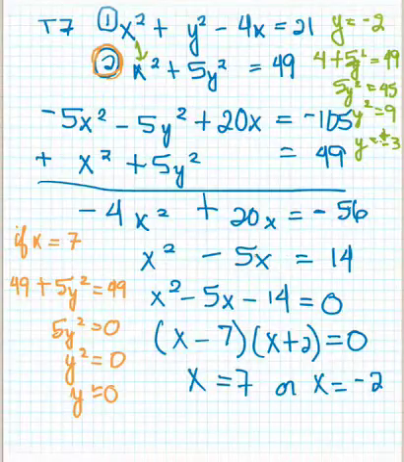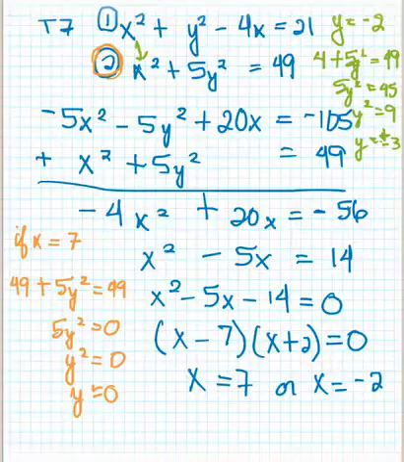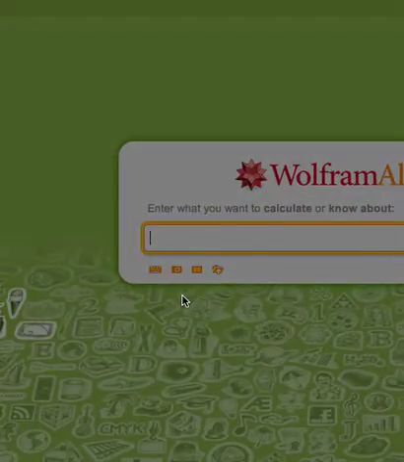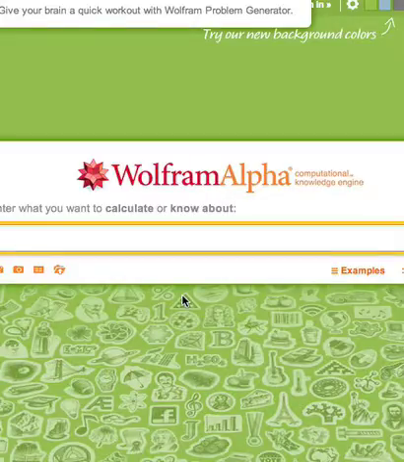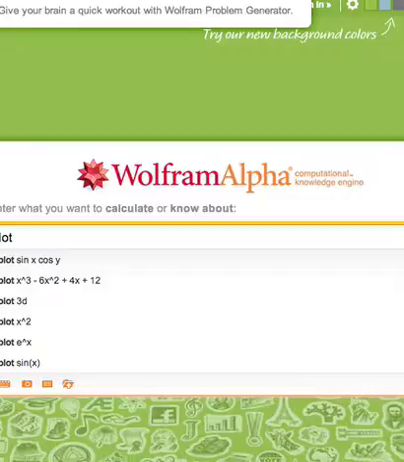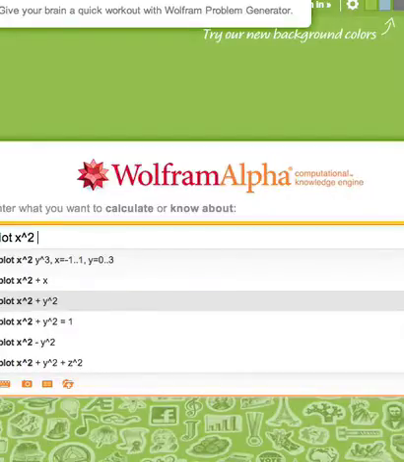I think if I bring Wolfram Alpha up, I'm not positive I can do it, but let me see if I can do it real quick. I can plot this in Wolfram Alpha, and you'll see that it's going to get the same answer right over here. I know I always read through the word plot, and you don't have to, but I just like to.